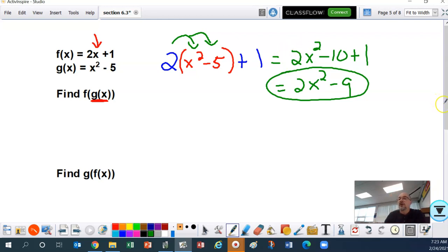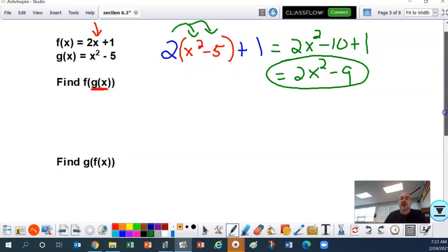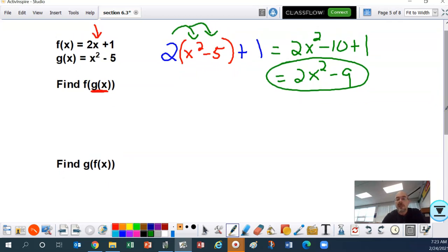Okay, now the next one, look, we're going to go the other direction. We're going to plug the f of x into the g. All right, so I'm going to put my parentheses squared minus 5. Okay, so the x I'm going to replace with 2x plus 1.